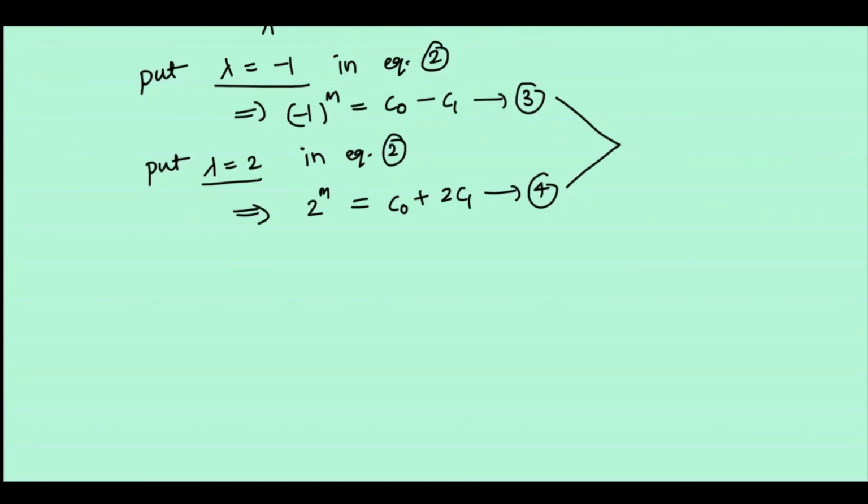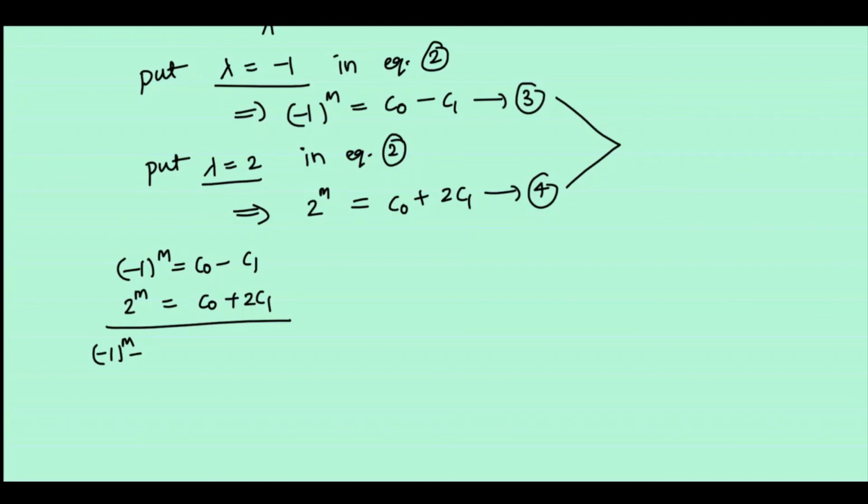So from equation 3 I have (-1) raised to m equal to C0 minus C1, and equation 4 is 2 raised to m equal to C0 plus 2C1. If I subtract these, I will get (-1) raised to m minus 2 raised to m equal to minus 3C1. So this implies C1 equal to 1 by 3 times (2 raised to m minus (-1) raised to m).